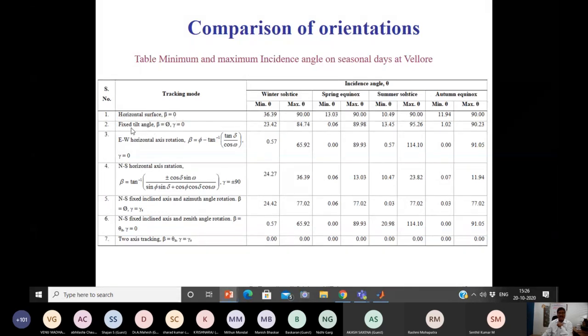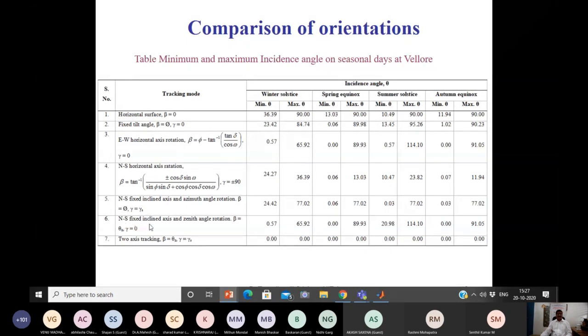From the second onward, this is a fixed tilt surface such as a solar air heater or water heating system. Then third onwards, this is a single axis tracking unit, east-west horizontal axis rotation. Next is the north-south horizontal axis rotation, also a single axis system. And fifth is the north-south fixed inclined axis and azimuth angle rotation, under the condition beta is equal to phi and gamma is equal to gamma s.